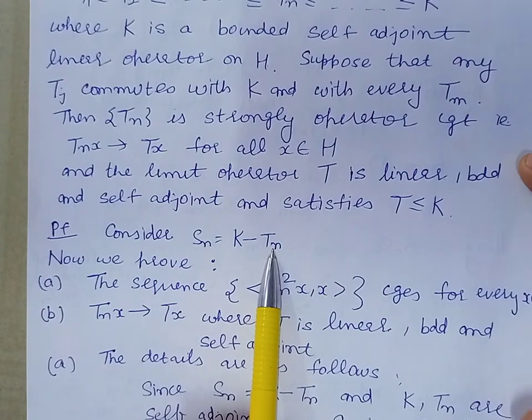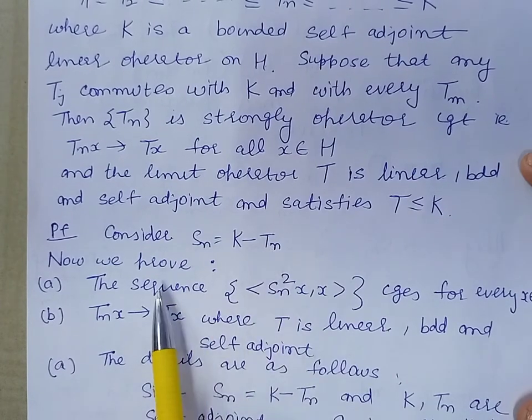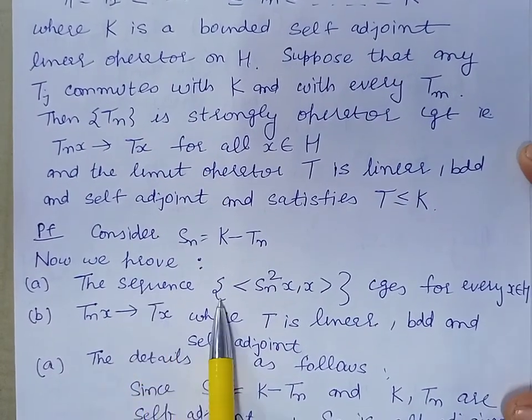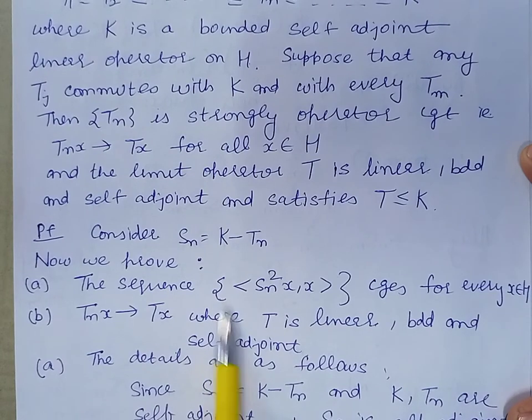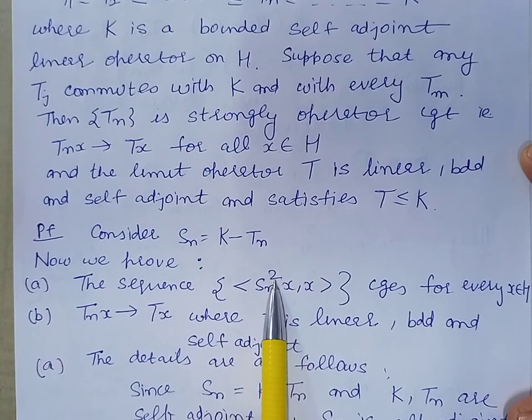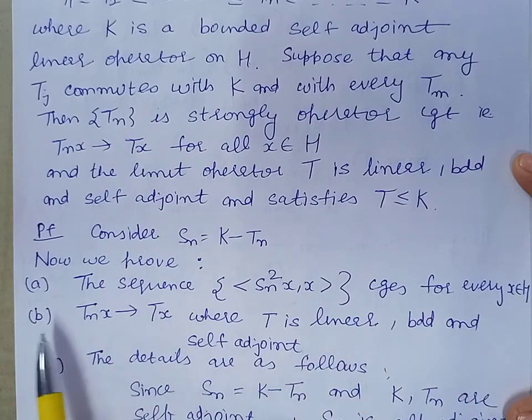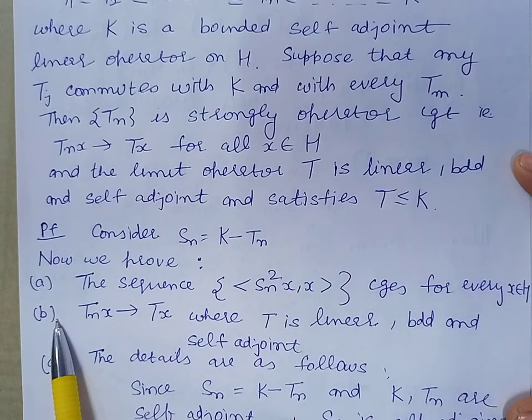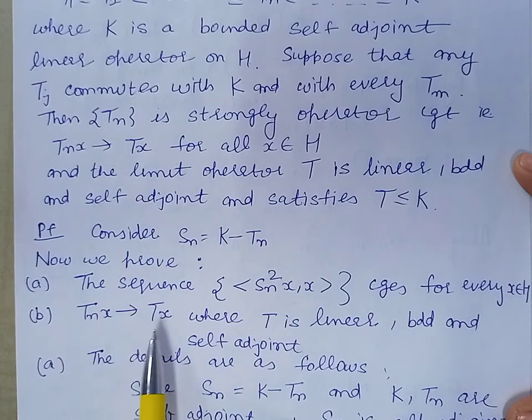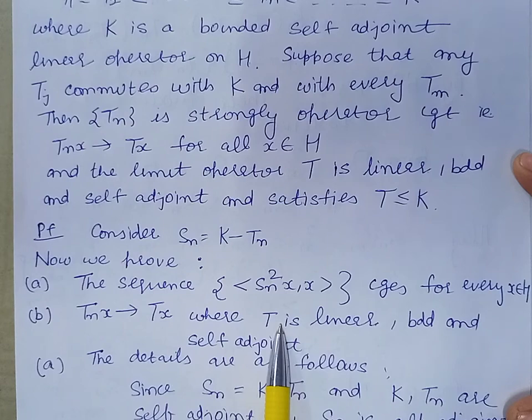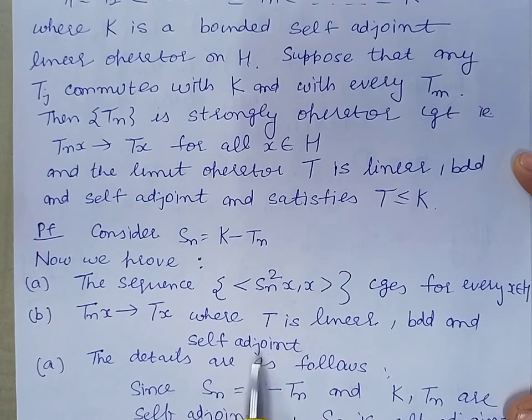Now we prove the theorem in two parts. In the first part, we prove that the sequence formed by the inner product of Sn square x with x converges for every x belonging to the Hilbert space H. In the second part, we prove that the sequence Tn is strongly operator convergent, where T is linear, bounded and self-adjoint.